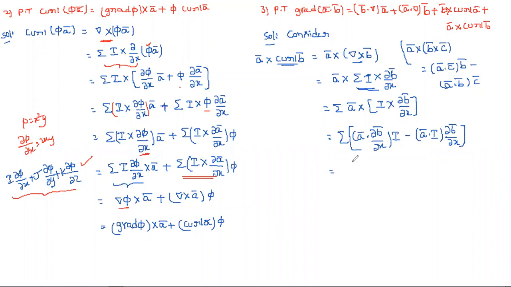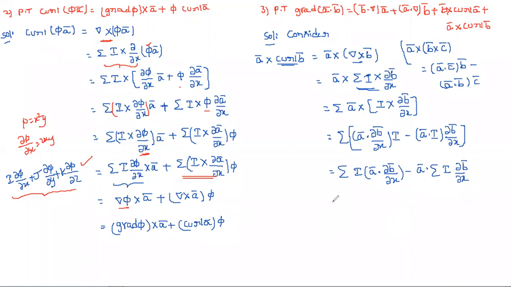So this is equal to summation i into a bar dot dou b bar by dou x, and next minus a bar dot summation i dou b bar by dou x. And a bar is already a vector, no need to write summation.